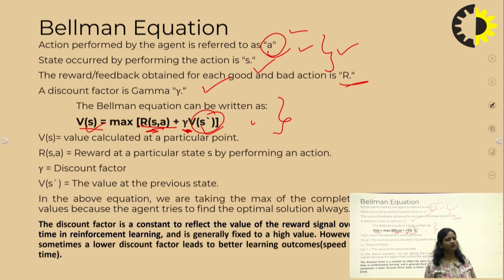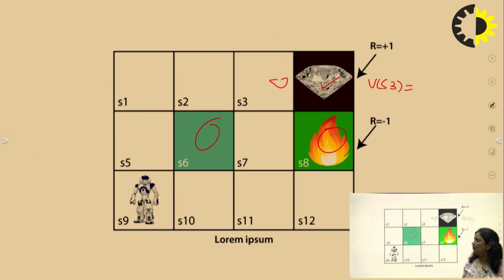Reward R(S, A): what is the reward of this state? The right of this state is the final destination, so it will get a maximum reward of +1. If any cell directly reaches the final destination, it will get a +1 reward.